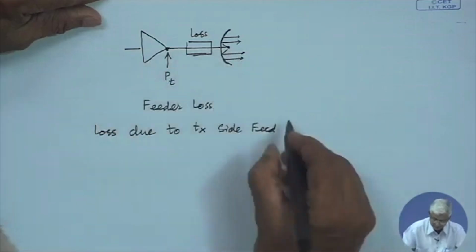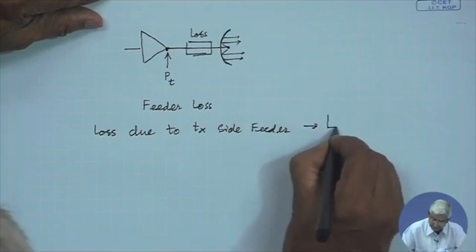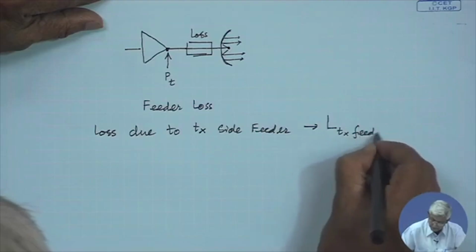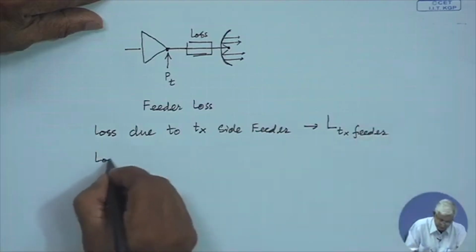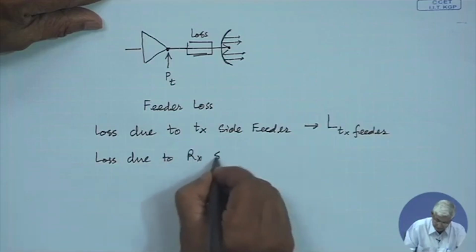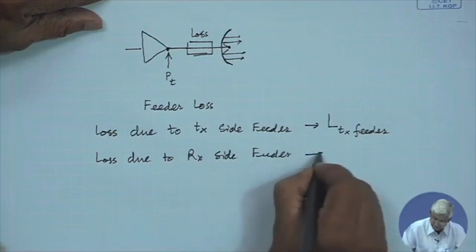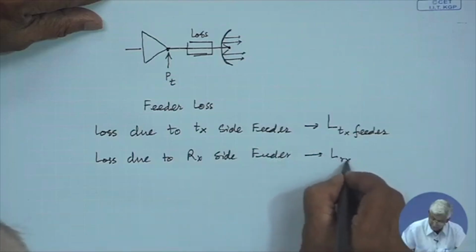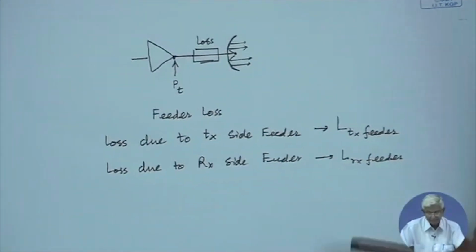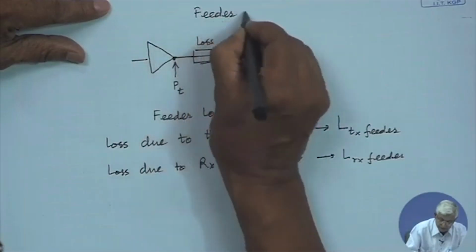So, the transmit side feeder loss we can term as L transmit side feeder, and the loss due to the receive side feeder is L Rx feeder. So, we can call this feeder loss.